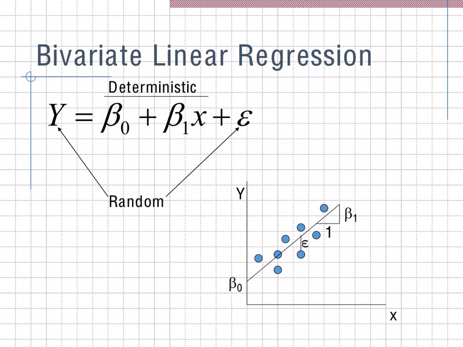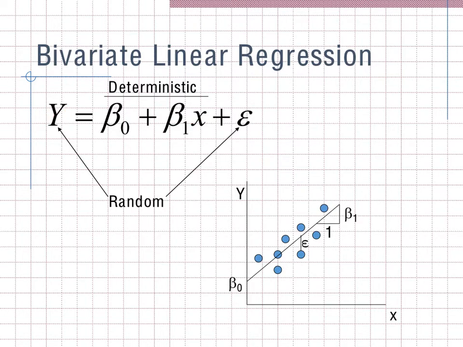So what do we mean by bivariate linear regression? Bivariate means two variables, and here they are. The variable we typically call y is on the left-hand side of a regression model, and it is related to the other variable, which is called x.